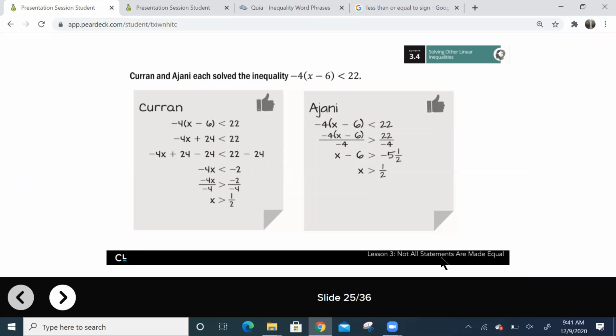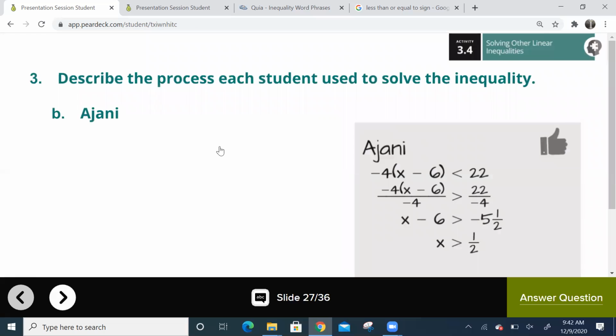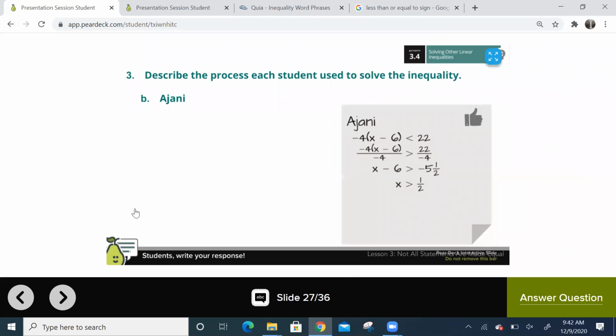Okay, now we've got Quran. It looks like Quran distributed negative 4 times x, negative 4x, and negative 4 times negative 6 is positive 24. And then subtracted 24 from both sides, and just solved for x. He divided by negative 4 and he did flip the symbol. It went from less than to greater than. We have to describe the process.